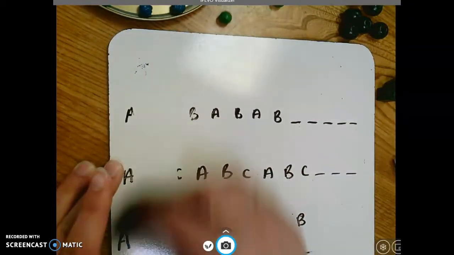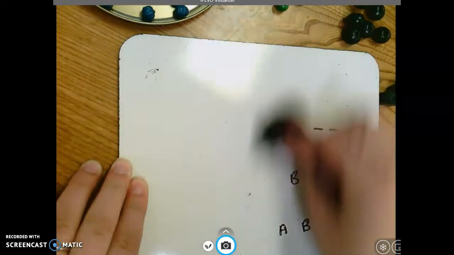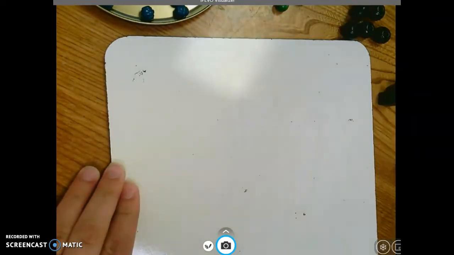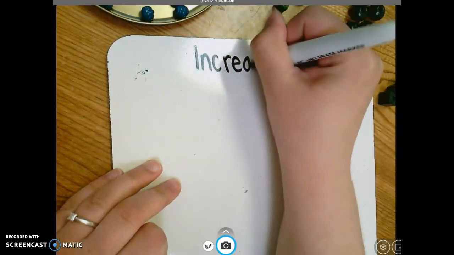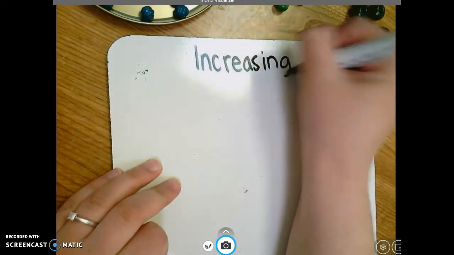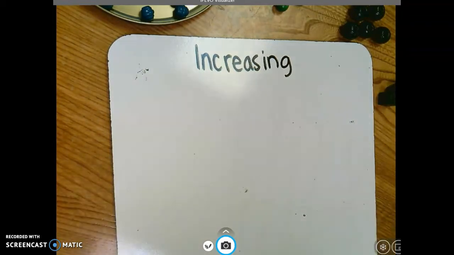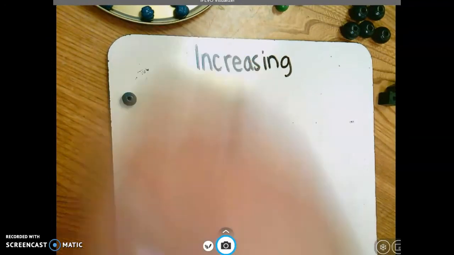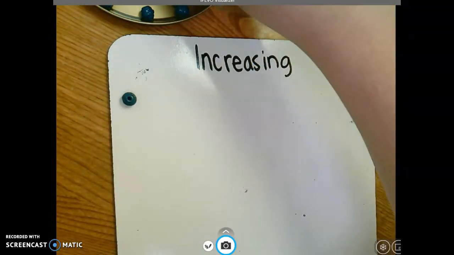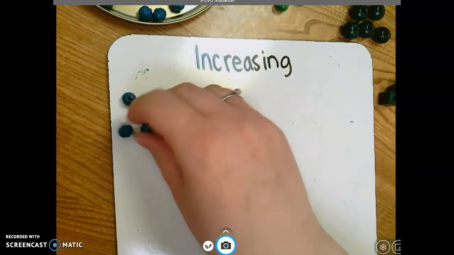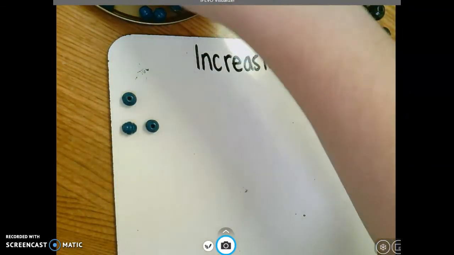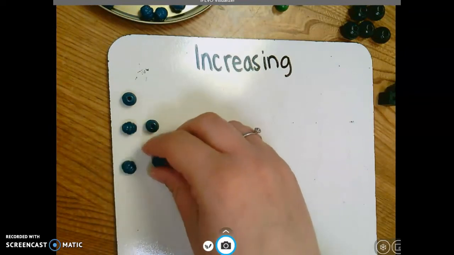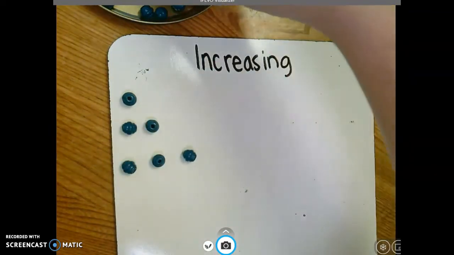we also teach students about increasing patterns. So in an increasing pattern, it might look like this. We might start with one element, and then we would go up to 2, and then we might have 3.